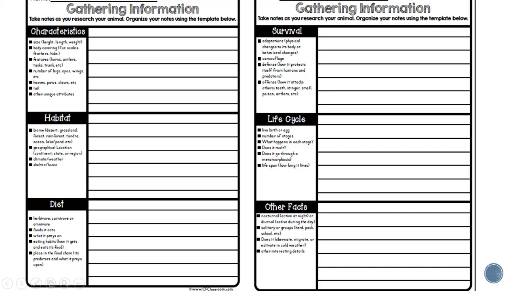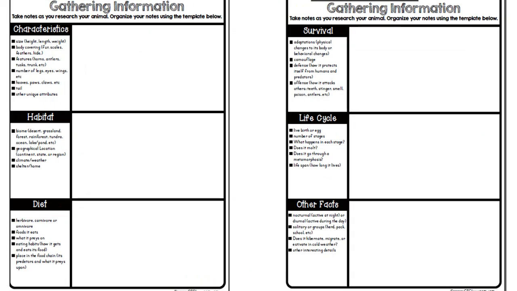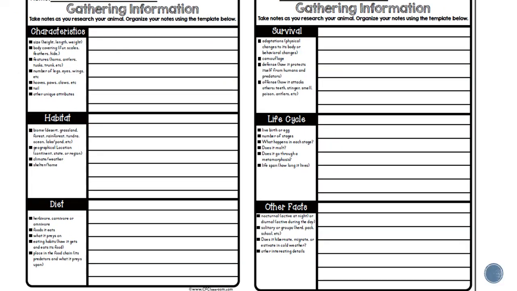Maybe you want to find out quickly if it's a herbivore, carnivore, or omnivore, right? But remember, if you use a website, you need to write it down, so keep a list, okay? It doesn't have to be in any order, but you should just keep a list of the websites and books that you use, okay?